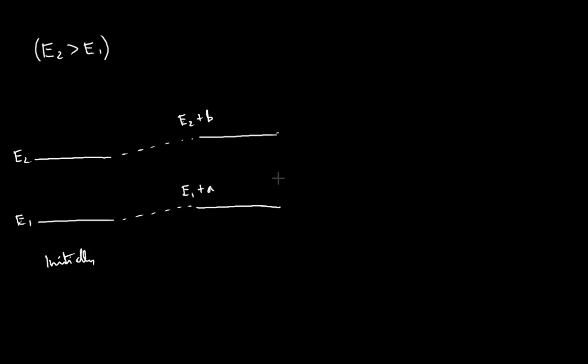And as a result of interaction, what we have now is this. The value is E2 plus B plus V square by delta.